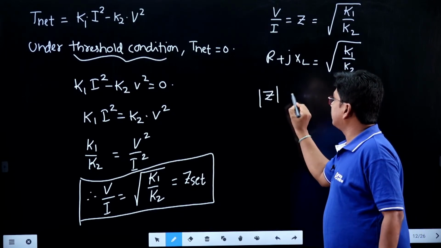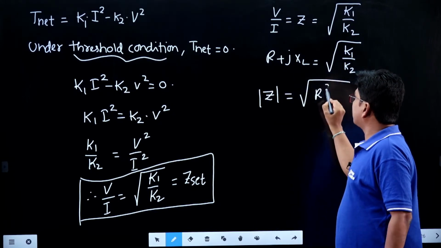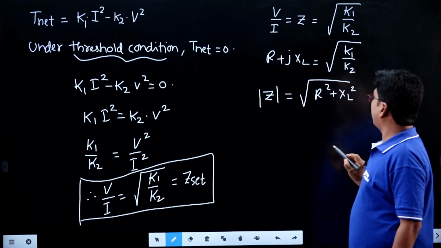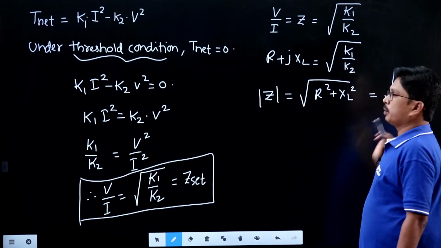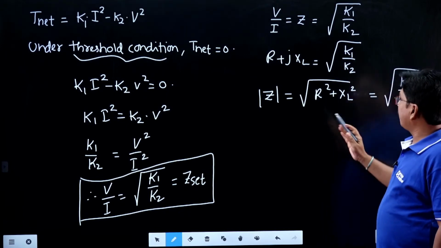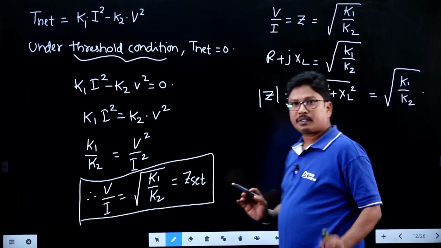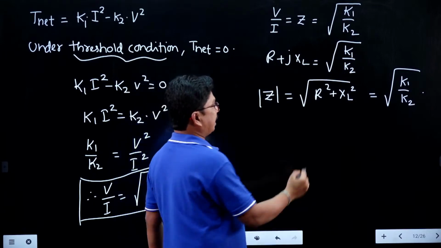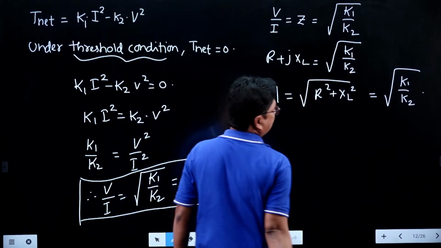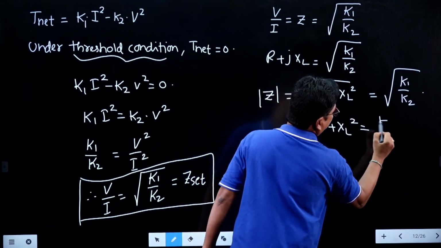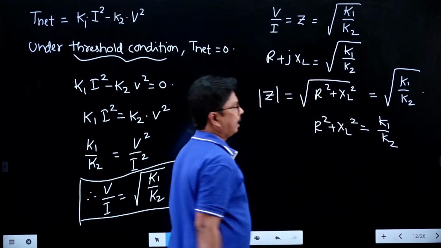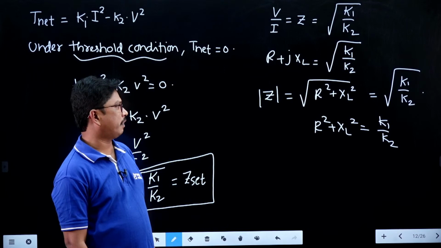What is the magnitude of Z? Magnitude of Z is under root of R square plus XL square, which is nothing but under root of K1 by K2. If you send this under root to the other side, the under roots cancel out on both sides. So R square plus XL square is nothing but K1 by K2.